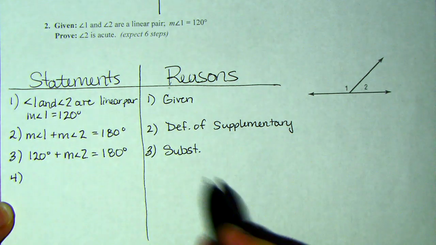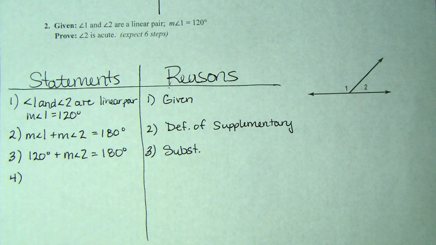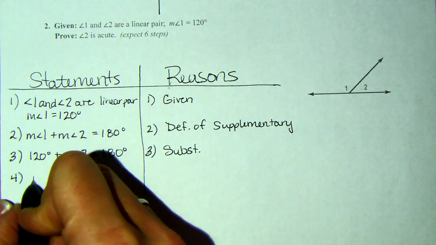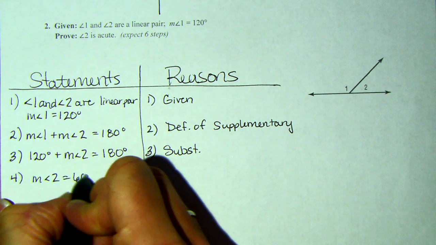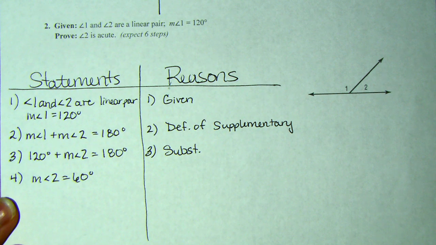Just make sure, notice I abbreviated that, but make sure I can tell the difference between substitution and subtraction, because they're very similar words. Okay? Now what? Hey, guess what? How'd I do that?